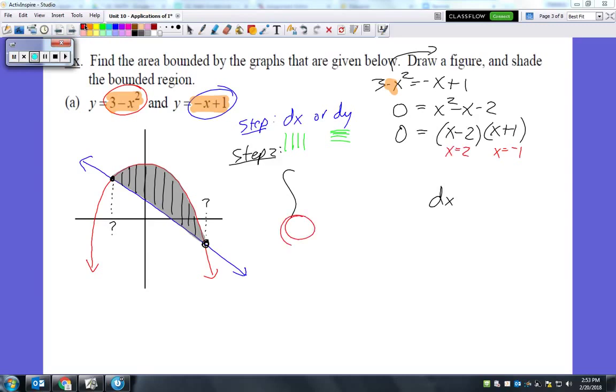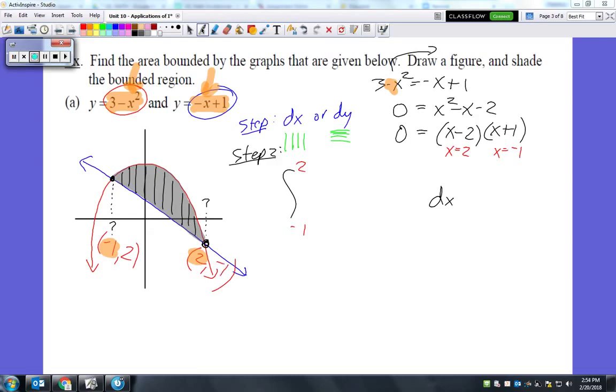So what's my low right here? Negative 1. And my high is 2. So this is negative 1 and this is 2. Right? And these are x values, guys. So if I wanted to solve for the y, I would just plug these into any one of these functions and then solve for the other one. So let's plug negative 1 in. It would give us 2, right? Let's plug in 2.